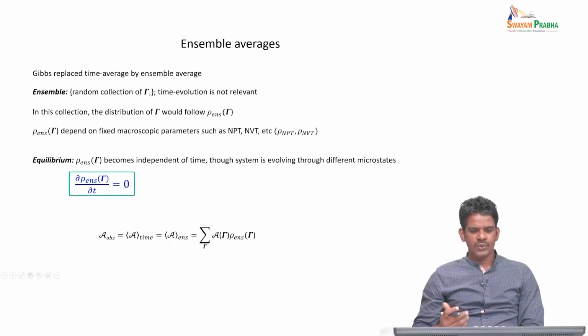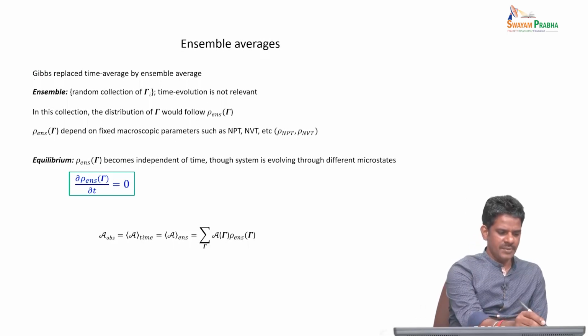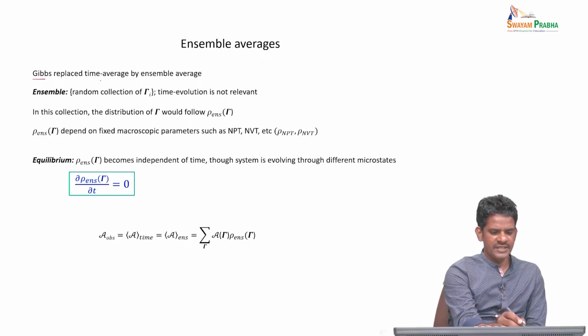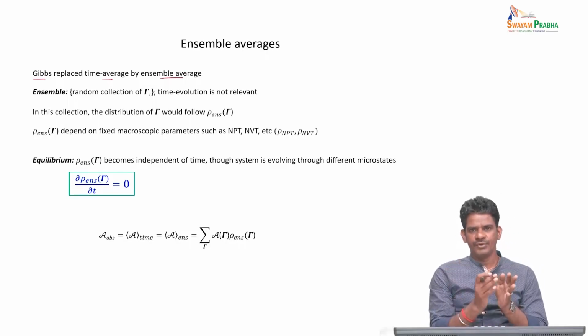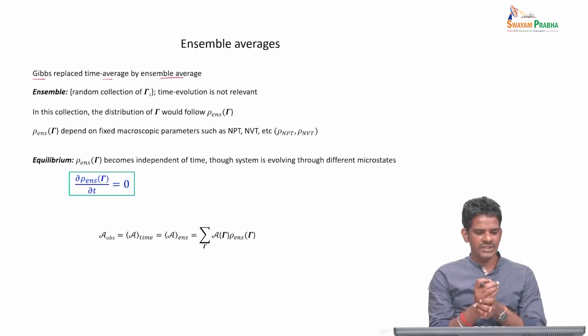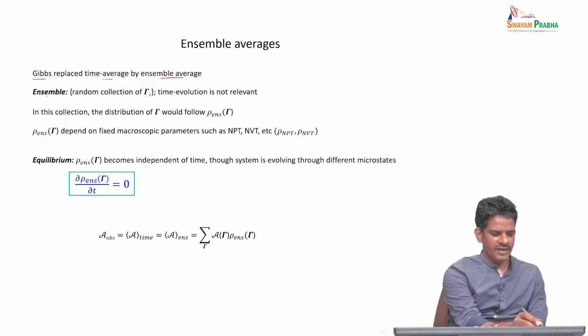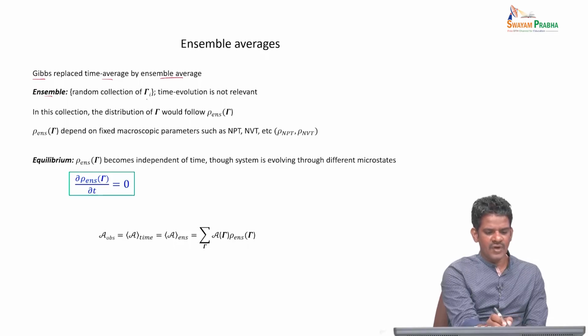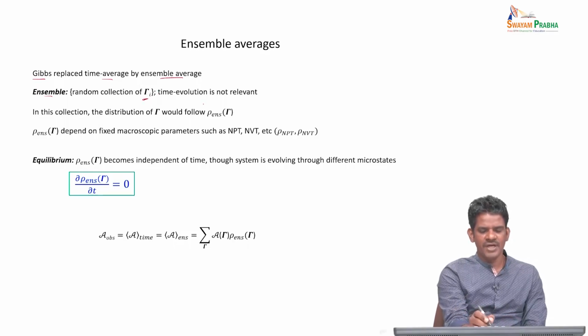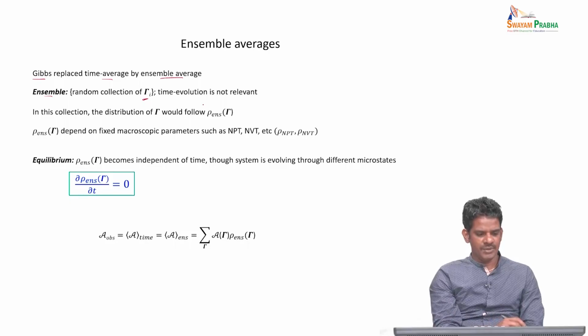Now we can also do what is called the ensemble average. This is because Gibbs proposed that we can replace the time average with the ensemble average, because both approaches, the trajectories as well as the ensemble, talk about the same system's behavior. So we could very well replace one with the other. Let me again recollect that an ensemble is nothing but a random collection of all possible microstates without any time information available.